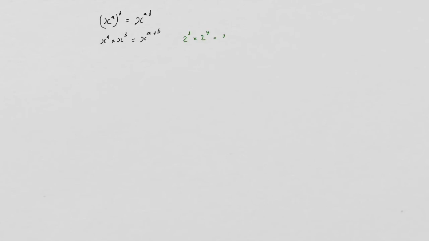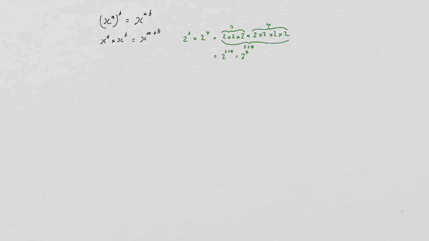Well, that would be 2 times 2 times 2, so we've got 3 of them, times 2 times 2 times 2 times 2, and we've got 4 of them. And so the total number of 2's that we have is 3 plus 4, which tells us that we have 2 to the power of 3 plus 4, or 2 to the power of 7.